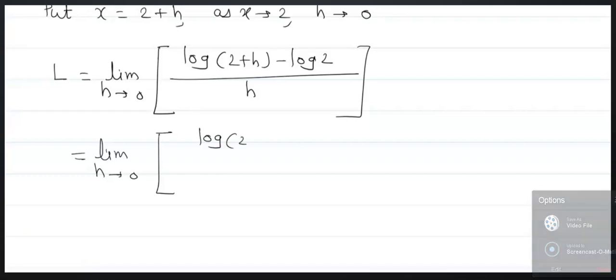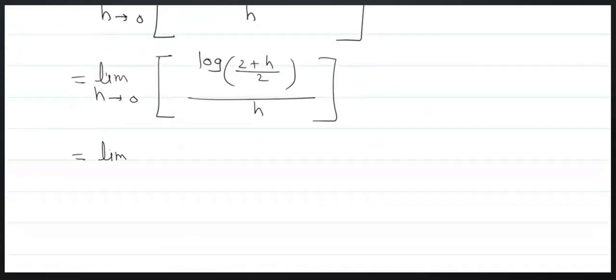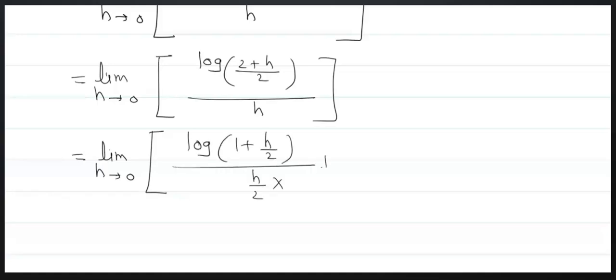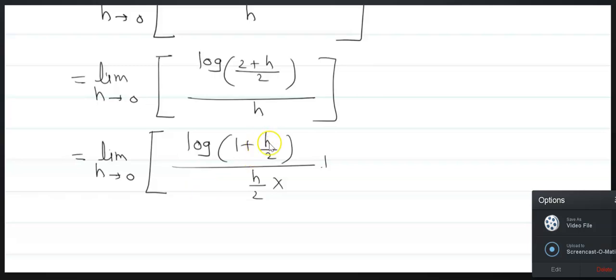See this here, limit h tends to 0, log of 2 plus h upon 2, whole divided by h. Limit h tends to 0, log of 1 plus h upon 2, upon h. Here is h upon 2, therefore we also write here h upon 2 into 1 upon 2, as the 2 is adjusted there.